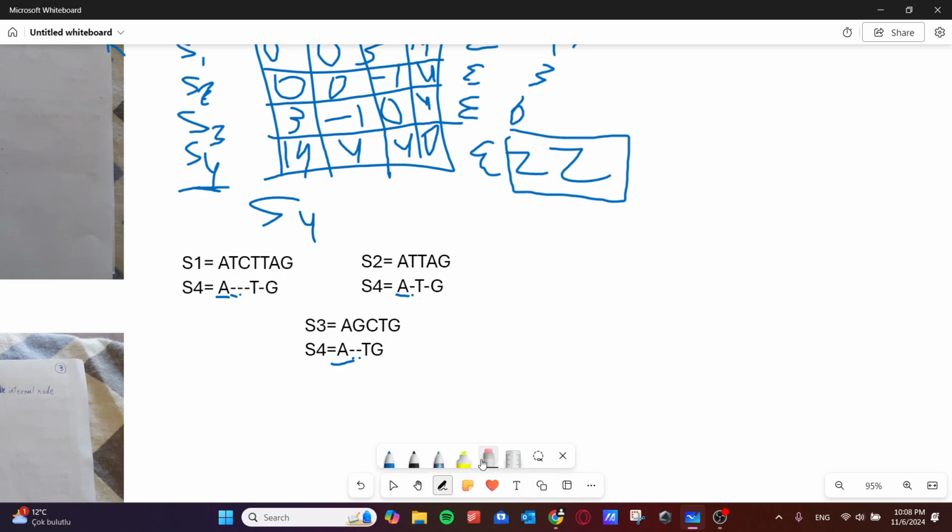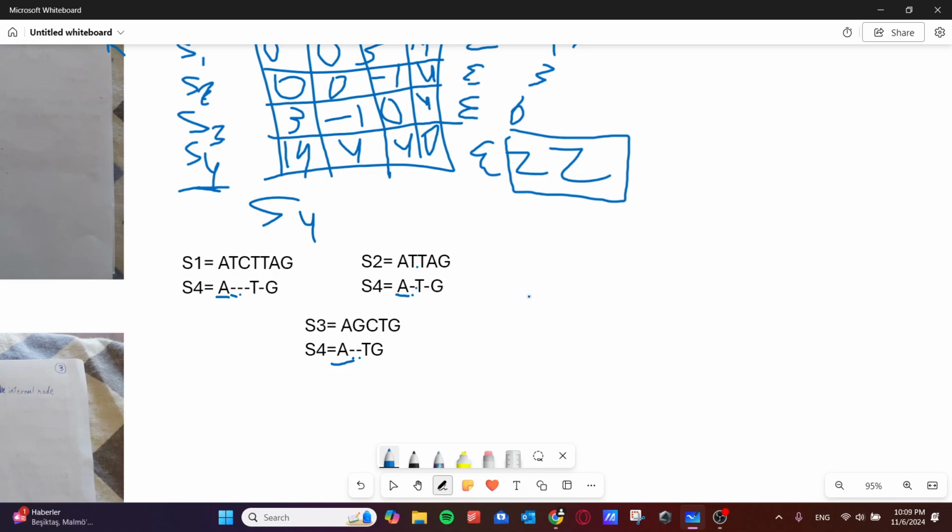Let's delete this, so it's not confusing. Because I've added it after two characters, I have to add it after two characters again. A gap gap. A gap gap. The gap I've added.